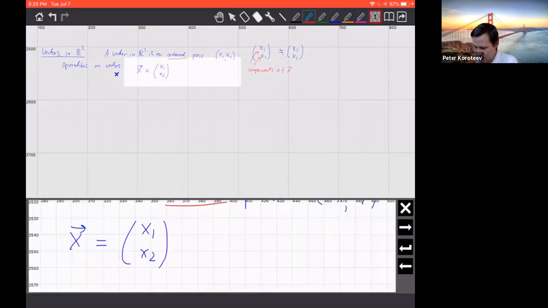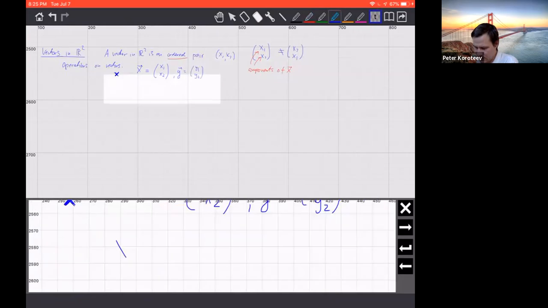And if vector y has components y1, y2, you can add them. In fact, you can add them with some coefficients. You can take coefficient alpha and add vector y with coefficient beta.